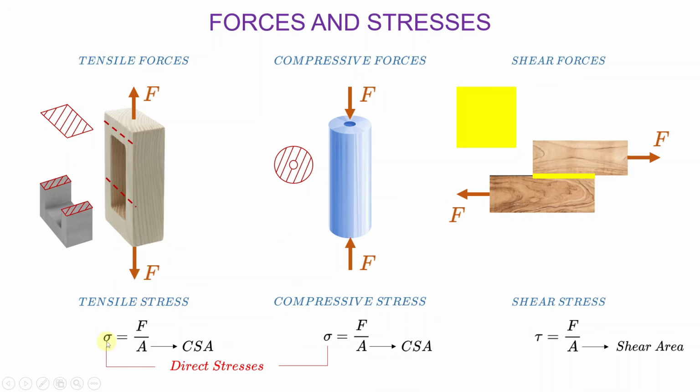Therefore, we can conclude that direct stresses are maximum where the cross-section area is the smallest. Very important: you get maximum direct stress where the cross-section area is the smallest.